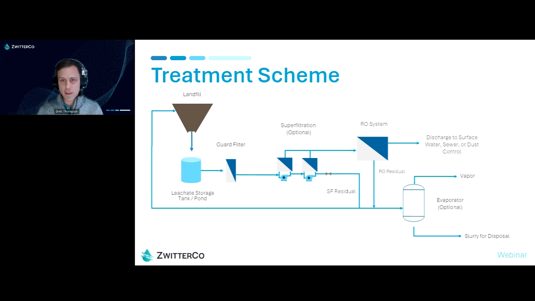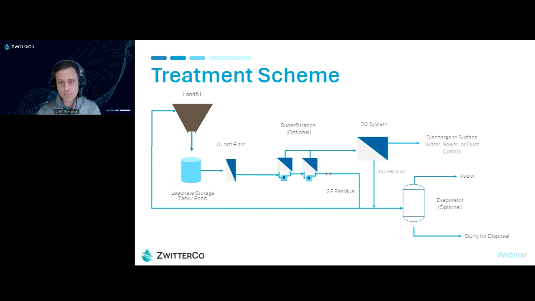From there, like Katarina mentioned, there's typically some level of pre-treatment prior to a membrane-based system. In this example, we show a guard filter, which could be a cartridge filter or a multimedia filter, some method to reduce the suspended solids. We also show a superfiltration system, which is optional.